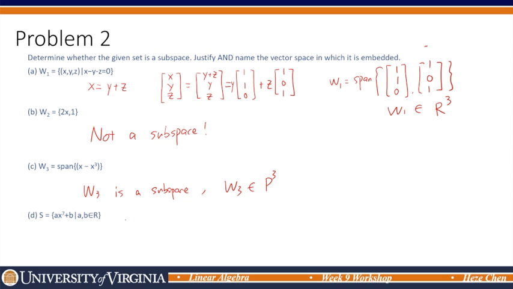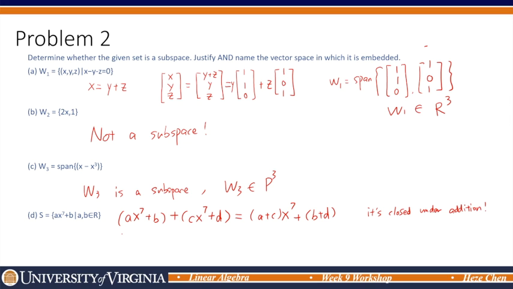We can prove it is closed under addition because ax to the 7 plus b plus another polynomial cx to the 7 plus d will be equal to (a plus c) times x to the 7th plus (b plus d), which has the same form as ax to the 7 plus b. So it is closed under addition.